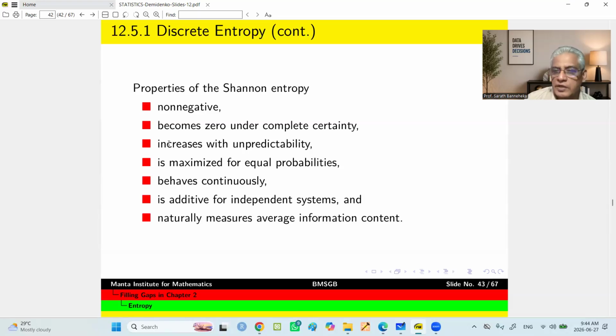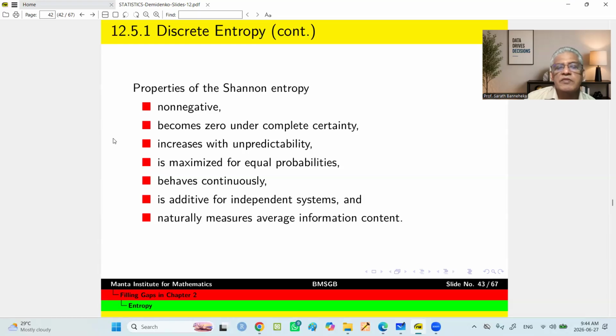But this entropy is a function of p, a continuous quantity between 0 and 1, so entropy behaves continuously. It is additive for independent systems. So if you want to look at the total entropy of two independent systems, the total entropy will be equal to the sum of the entropies in the two systems.